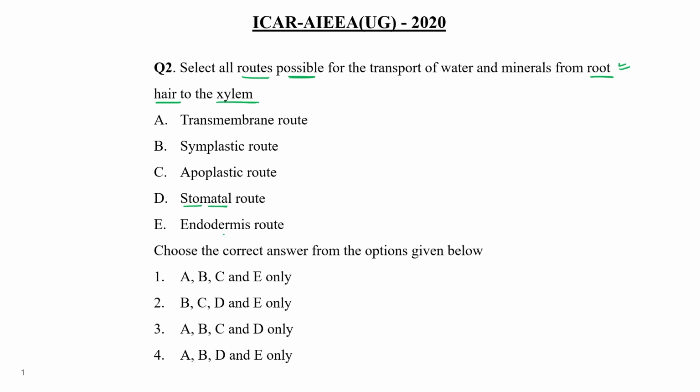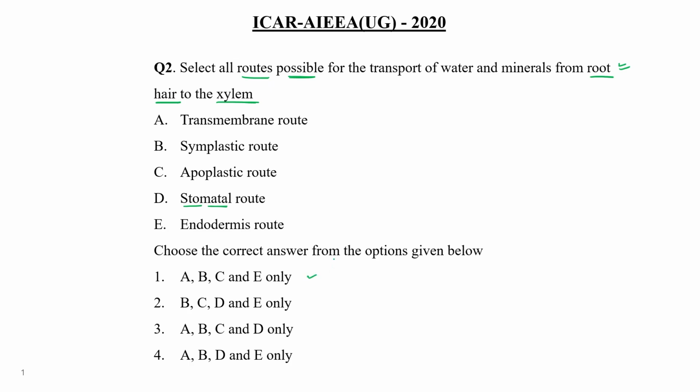And endodermis is present in the root. So except the stomatal route, all other options are correct and help in transportation in roots. So according to me, A, B, C and E. So choice number 1 would be the correct answer of this question.